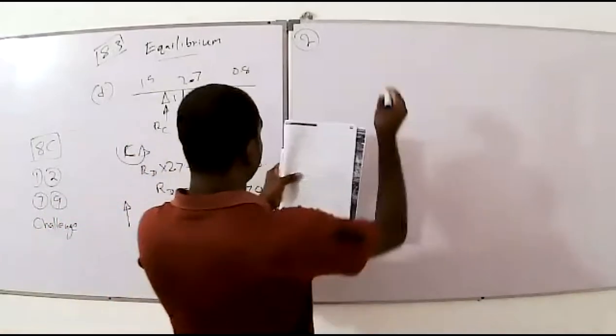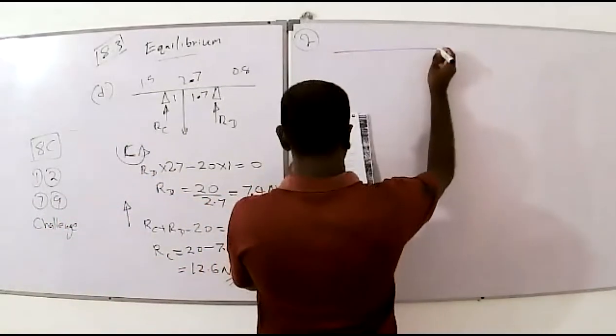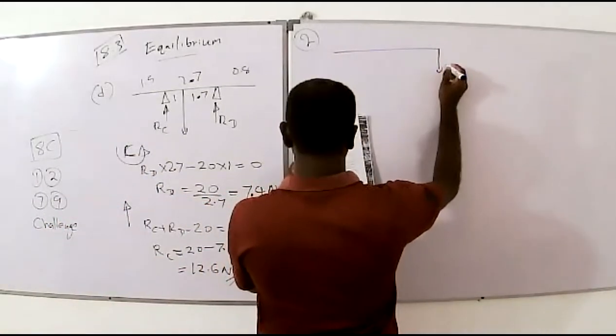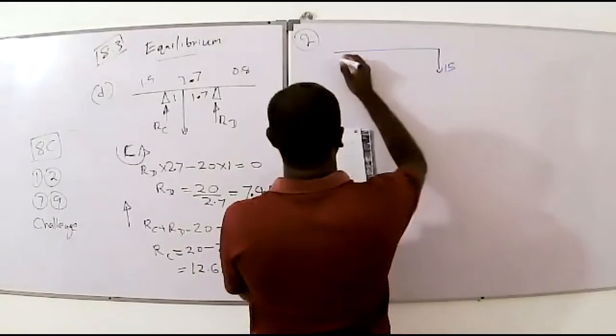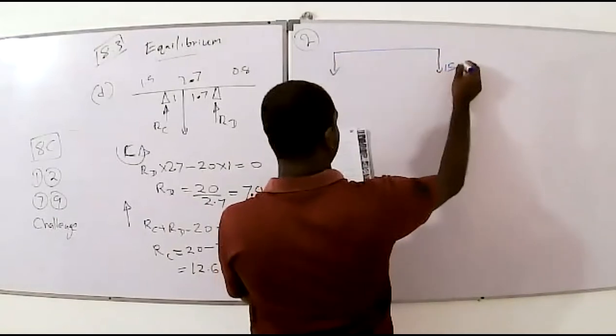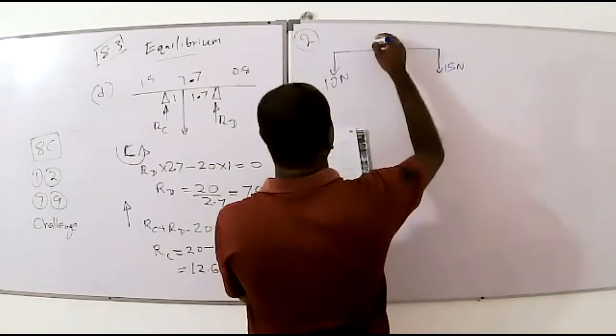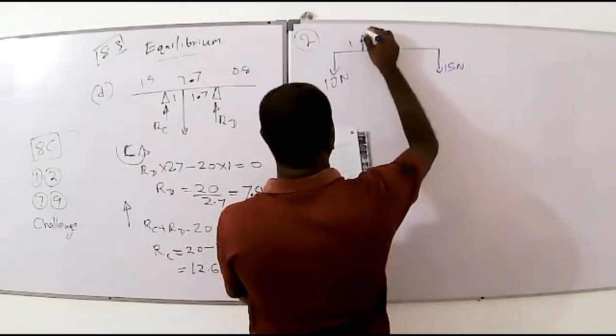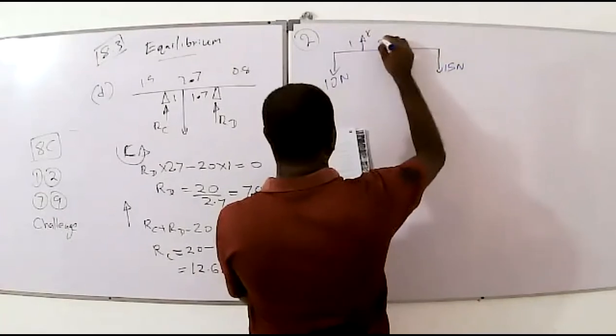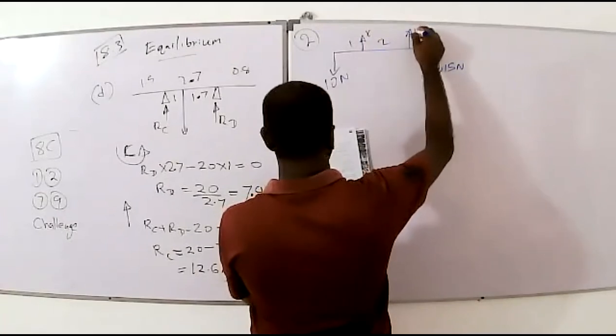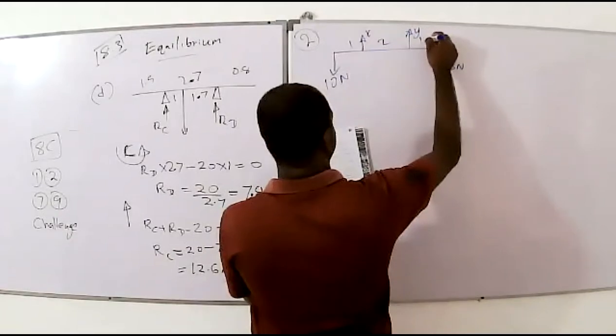What is the diagram here? We got two forces. One is T. Here we got 10 newtons. At 1 meter we have x. And at 2, okay, we have y. We need to find them.